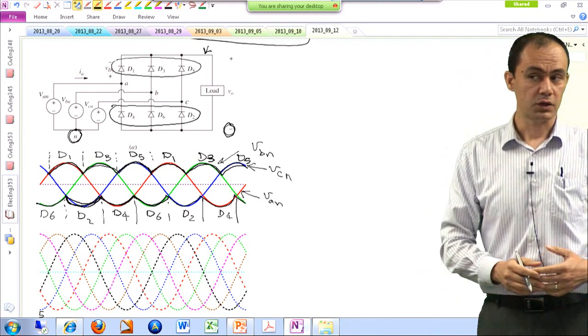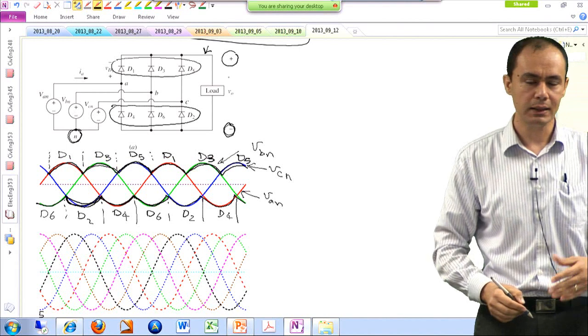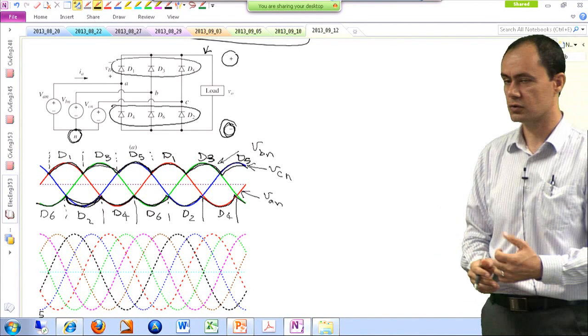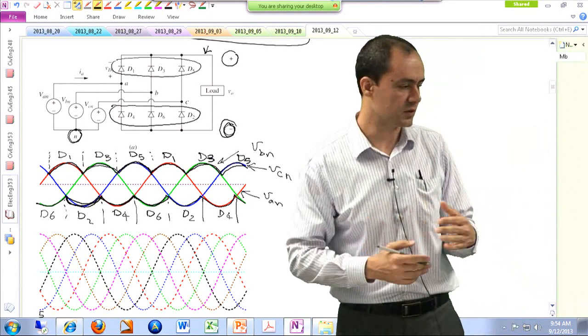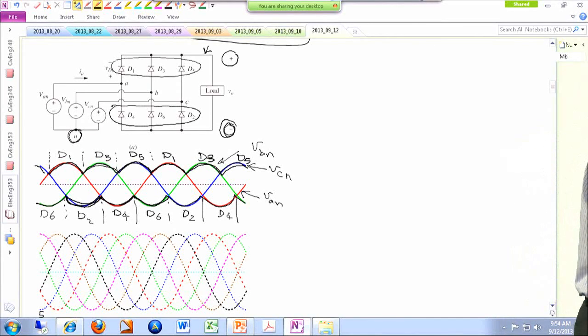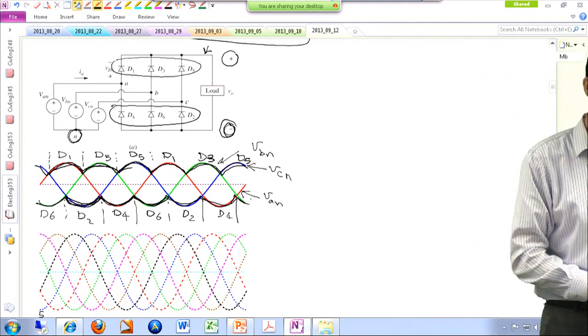Now, the output voltage is the voltage of the positive point with respect to the neutral point minus the voltage of the negative terminal with respect to the neutral point. So technically, if I take the difference between these two traces, the top trace over here and the bottom trace over here, that is going to be my output voltage from the positive to the negative terminal of the load.